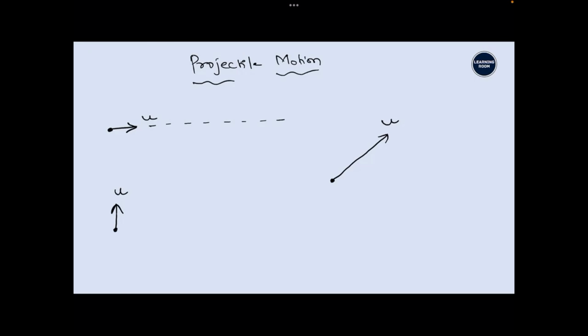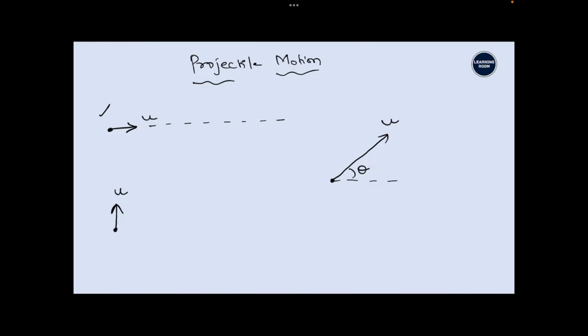Okay. So you're neither projecting the particle completely along the horizontal nor completely along the vertical. Then what will happen to this particle is the question. If you project the particle completely horizontally, it is going to have a straight line motion. Completely vertical, it will have a straight line motion going up and coming down.